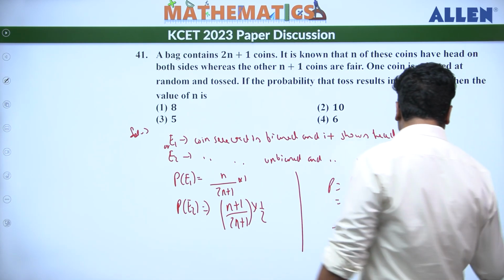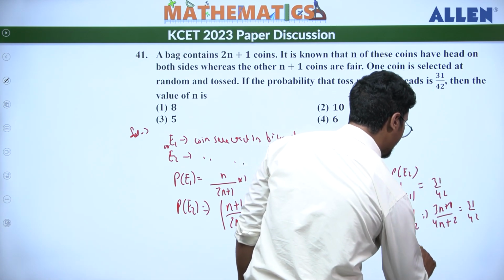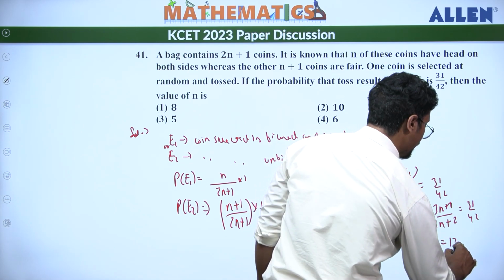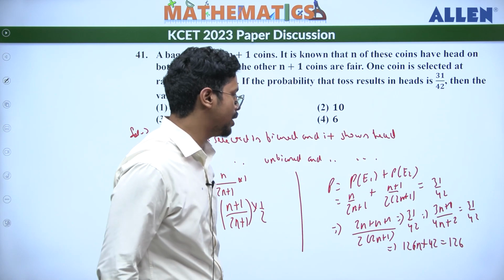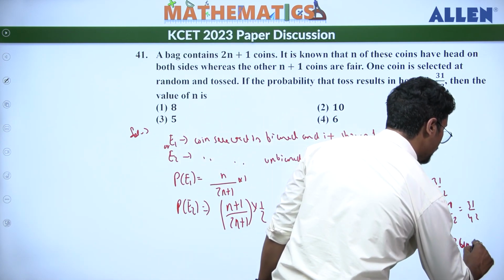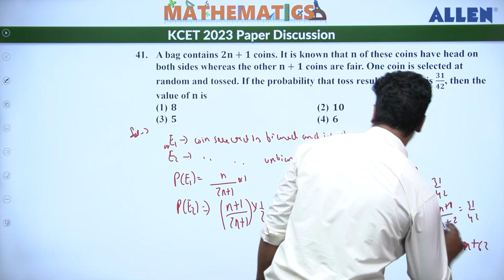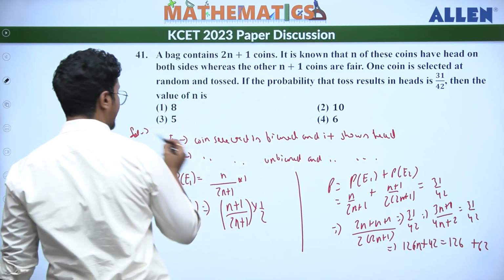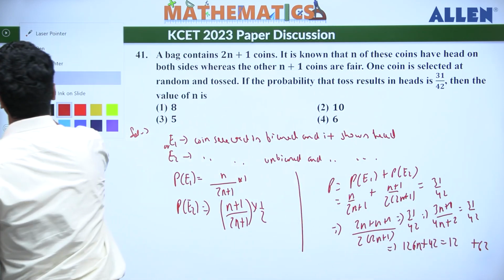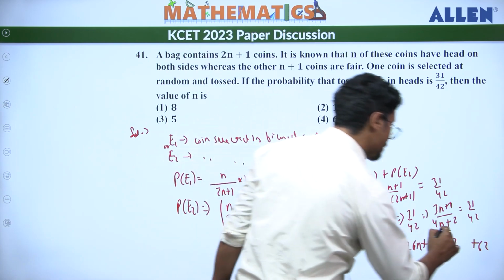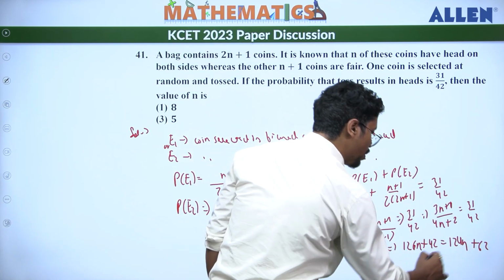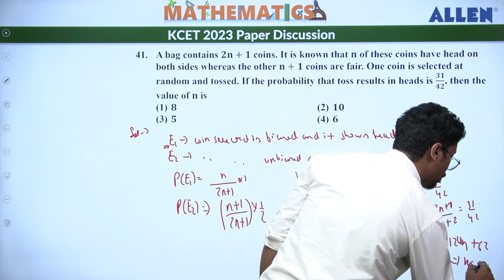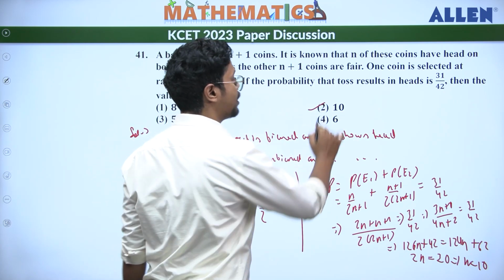Let us simplify. 42 into 3n plus 1 becomes 126n plus 42, which is equal to 31 into 4n plus 2, that is 124n plus 62. So 126 minus 124 gives 2n, and 62 minus 42 is 20. So n is equal to how much? n is equal to 10. So this is the correct answer.